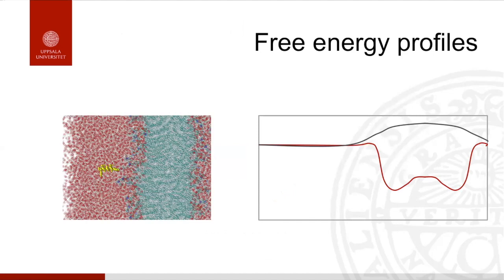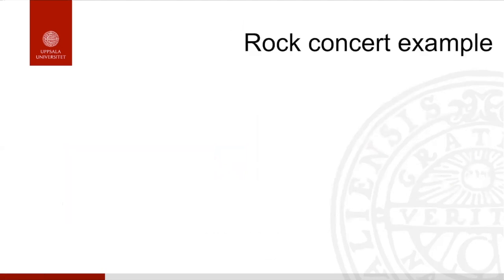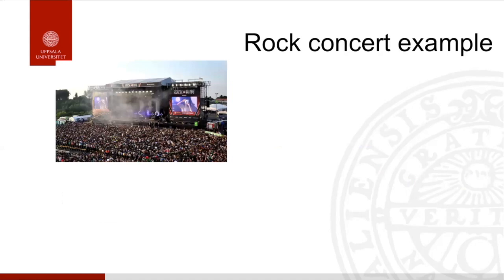Another quite common thing you could see in publications with MD and free energy calculations would be free energy profiles. And I think you saw some of them. So let's say if it's a membrane, that would look something like that. To interpret it, I have an example with a rock concert. Just imagine that there's a rock concert and there are a lot of different kinds of people in this audience. Some are really big fans and they want to stick as close as possible to the stage.